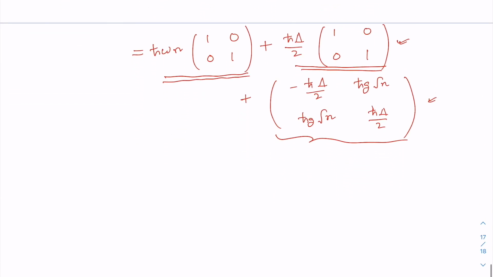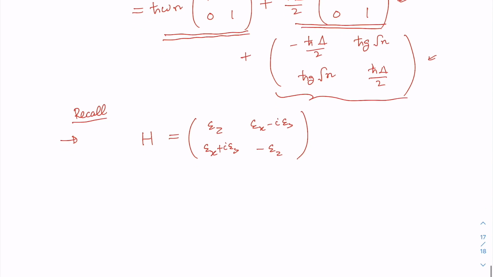But actually we need not do that, because already from module 1 when we discussed the two-level atom, you just recall that when we wrote down this Hamiltonian for the two-level atom, ε_z, −ε_z, ε_x plus iε_y, ε_x minus iε_y, there we saw that the eigenvalues of this Hamiltonian we worked out, and that was |ε| equal to plus or minus the square root of ε_x squared plus ε_y squared plus ε_z squared.